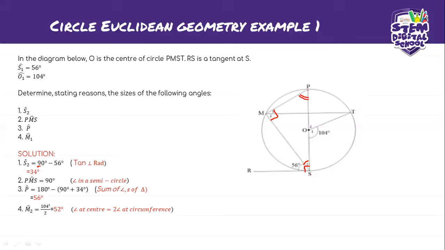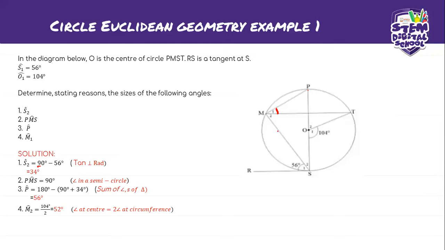The next question, we had to calculate angle M1. Now let's go and identify that angle there. Let me just remove this. Here is angle M1. This is angle M1, right?